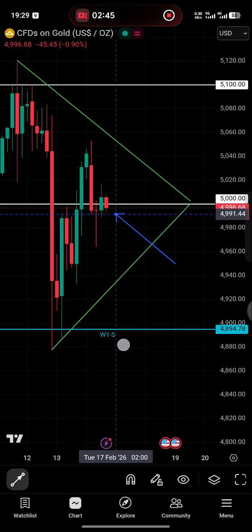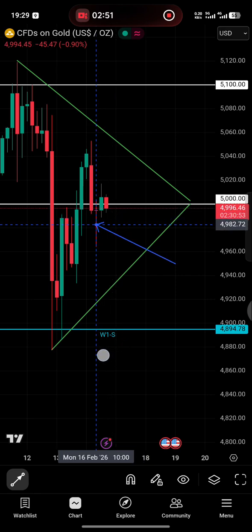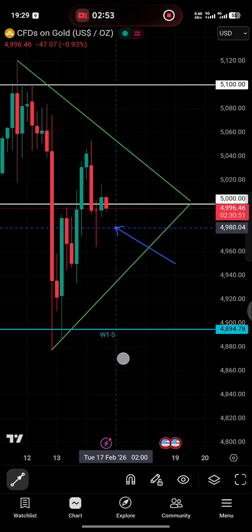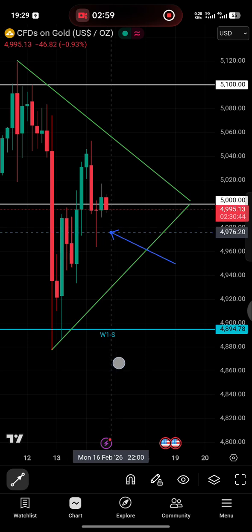So my preferred choice would be the H4 or the H1, right? The 1-hour or the 4-hour time frame at the least, because most of the time the trend is strong on the 4-hour and the 1-hour time frame, because if you're looking at the daily time frame, each candle will be too long to watch and to enter a position.